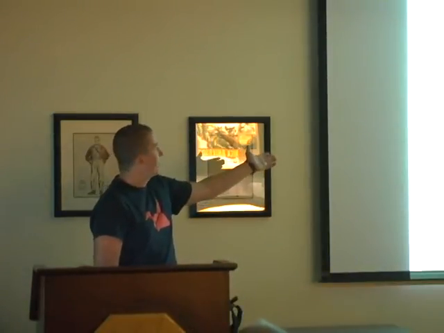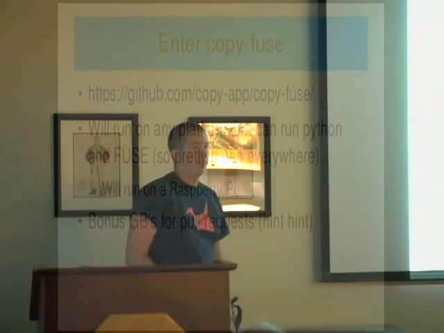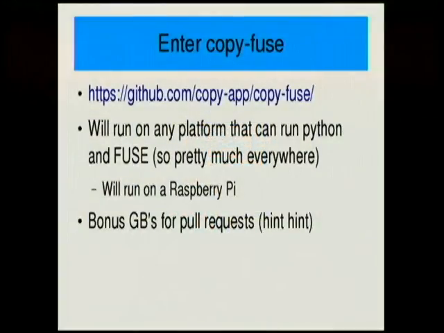So we have copy fuse, and it's up on GitHub. Pull requests are encouraged. I will personally dole out bonuses for people who submit pull requests. And it runs anywhere that can run fuse and Python, which is almost everywhere. And it will run on a Raspberry Pi, which is the super cool part.